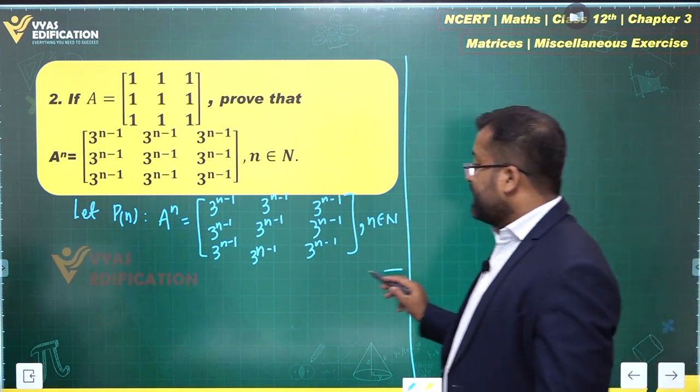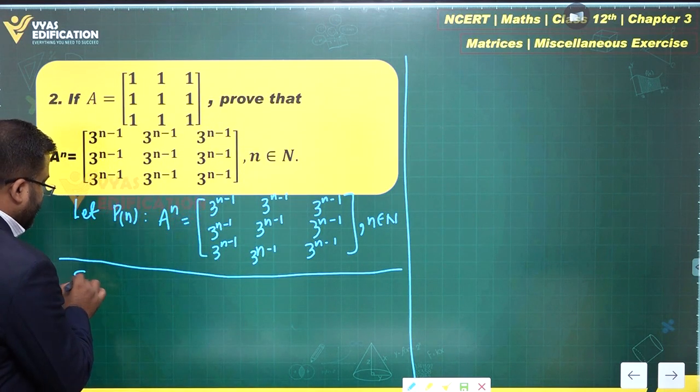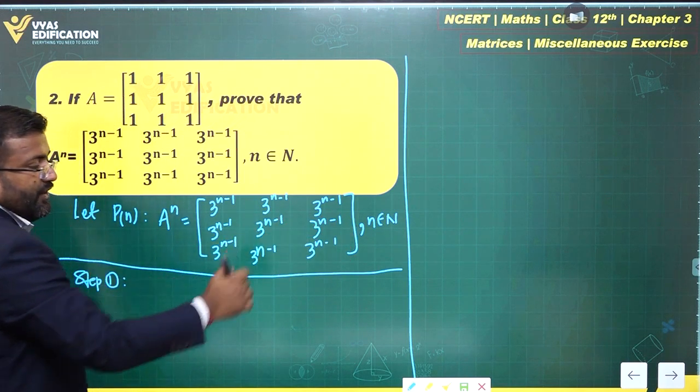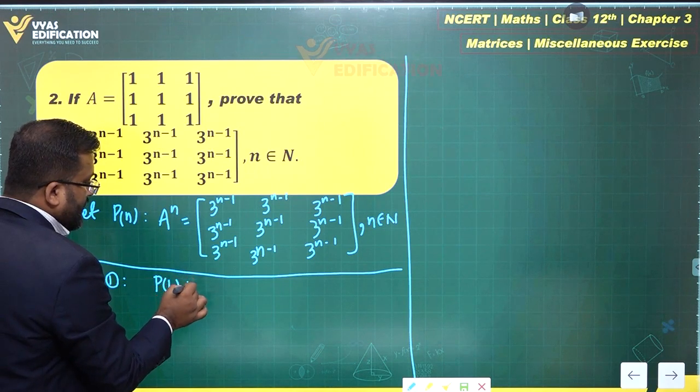For proving this, the principle of mathematical induction says that we have to apply 3 steps. The first step is to check P1. What does P1 say?